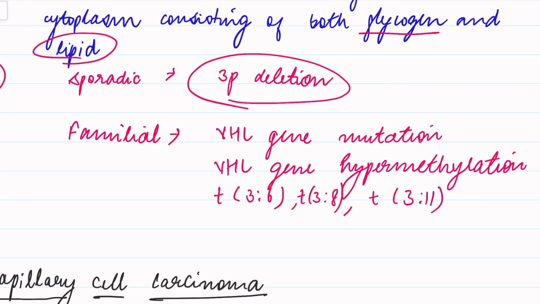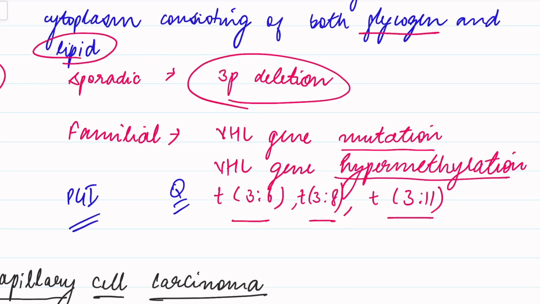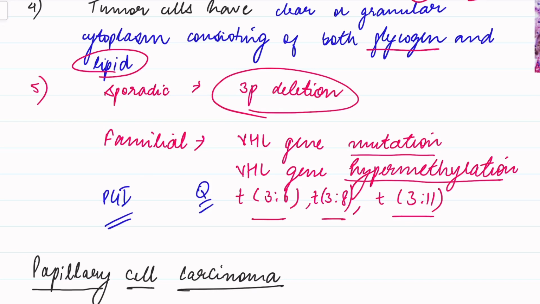The others are VHL gene mutation, VHL gene hypermethylation, and translocation of 3;6, 3;8 and 3;11. Friends, this question is important for PGI. In PGI, they can ask you what mutations are seen in clear cell type of RCC. So it is translocation 3;6, 3;8 and 3;11.